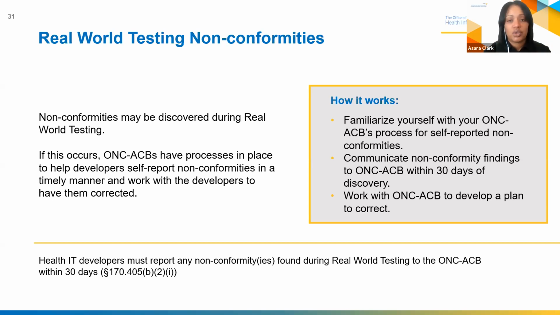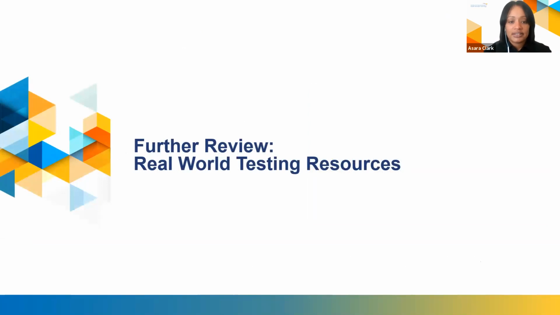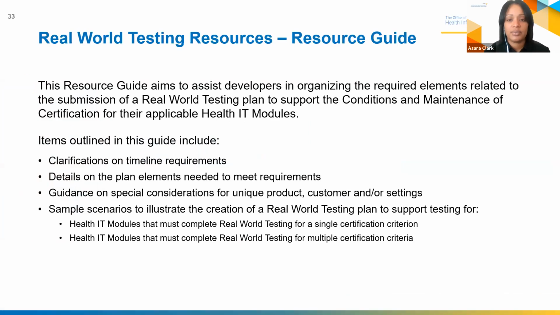Post-certification, once it's deployed, once it's rolled out and people are actually using it, what do you want to highlight about how you can assure people that your certified health IT still meets the requirements of ONC's health IT certification program?